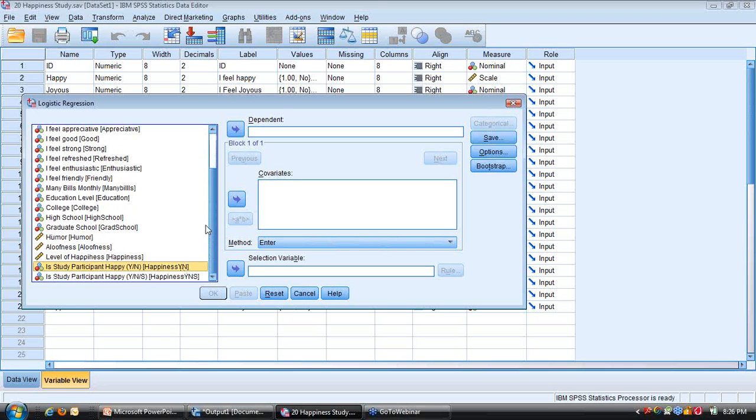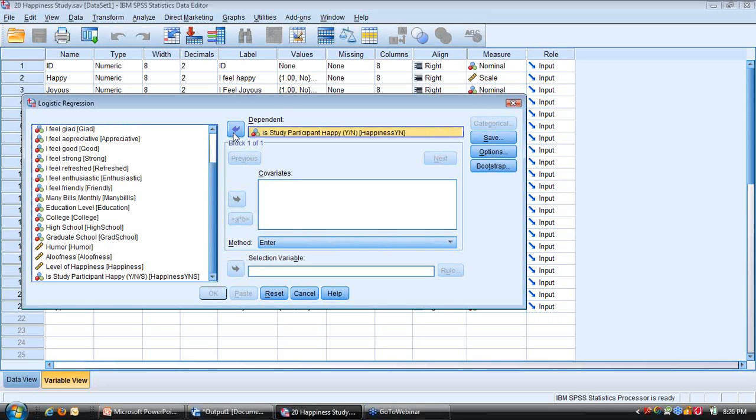Yes, no. So happiness YN goes there. Again, we will put our education. Well, first, many bills monthly. Then our education, first high school, then college, then humor, then aloofness. Now what? Confidence interval.